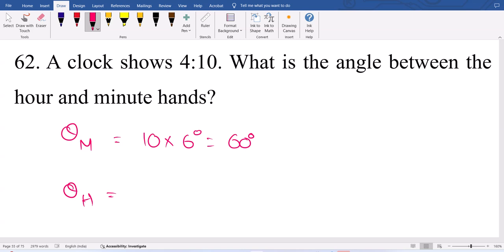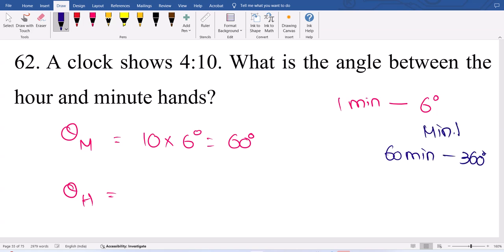Minute hand, 1 minute 6 degrees, my dear. Why, sir? In 1 hour, it will complete 60 minutes, it will complete one full cycle. The minute hand will complete one full cycle in 1 hour. That's why 1 minute is 6 degrees.